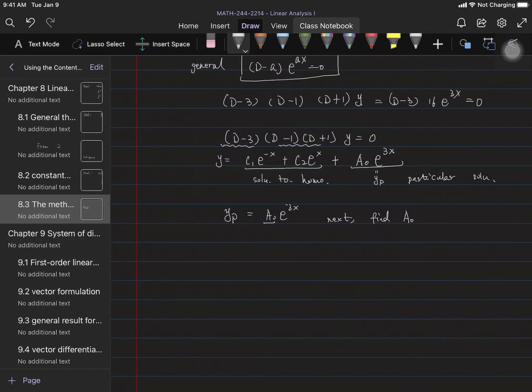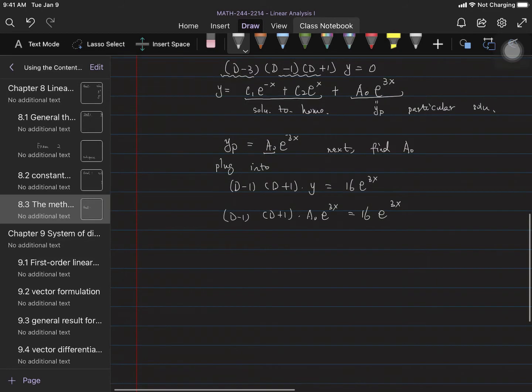So let's plug into the differential equation. The original differential equation is d minus 1, d plus 1 y, which equals 16 e to the 3x. So we want to plug this into this differential equation. That means d minus 1, d plus 1, a naught e to the 3x equals 16 e to the 3x.